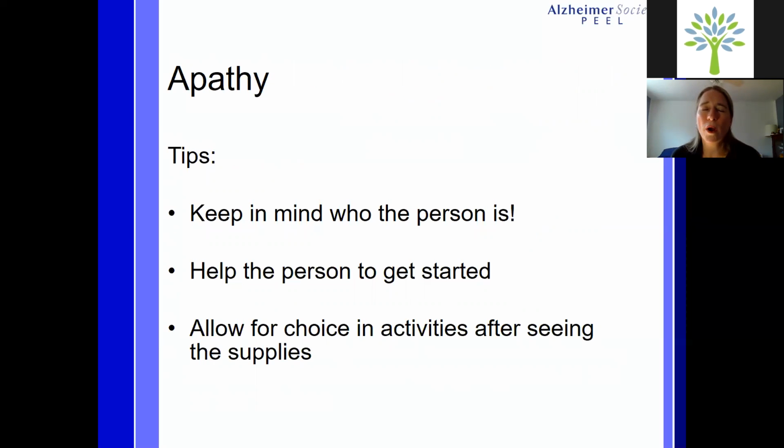So one really important component of apathy for me is remembering, what does the person like? Who is this client? What motivates them? So as it says at the beginning, keep in mind who the person is. So you might think that I'm apathetic because every time you bring me to the craft program, I don't really enjoy myself.